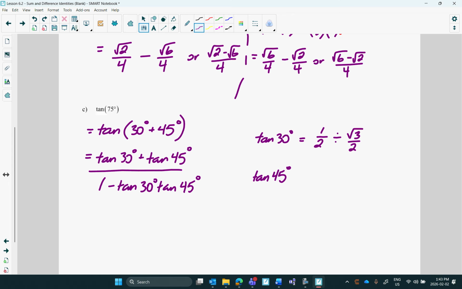No, that doesn't work out to root 3. 1 over root 3. That works out to 1 over root 3. Okay, so we know that one. Tan 45 is easier. Root 2 over 2, divide root 2 over 2, which is just plain old 1.